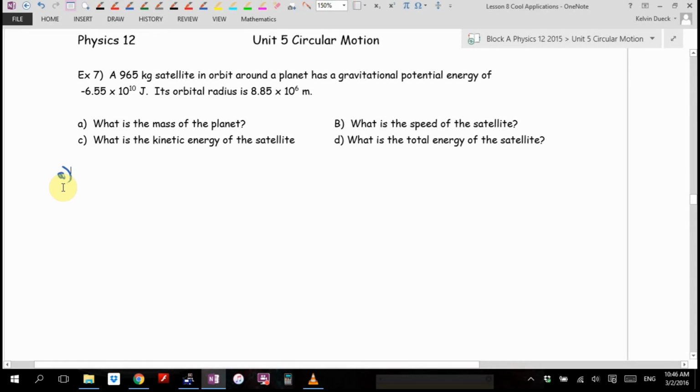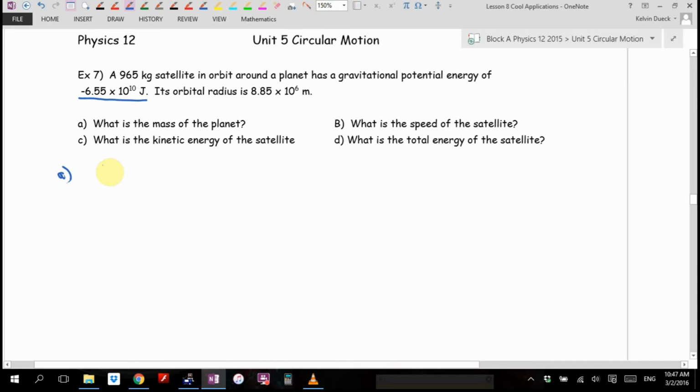Example 7. Ty, what does A want me to find? Big M. Well, they gave me its gravitational potential energy. They gave me its orbital radius. You know what? I'm going to try starting with the gravitational potential energy.